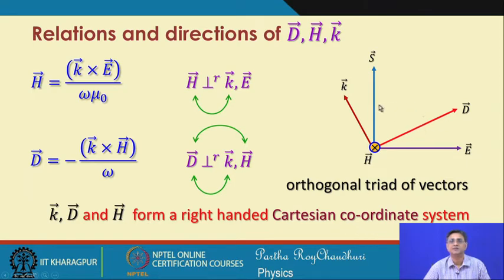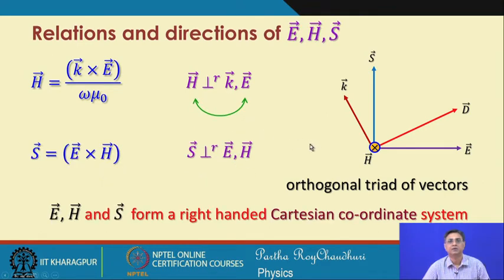And for S, E and H, we can simply look at that H is perpendicular to E, and we have seen individually S is perpendicular to H and perpendicular to E. So, you have this direction of propagation of the Poynting vector, that is perpendicular to the H vector and E vector.